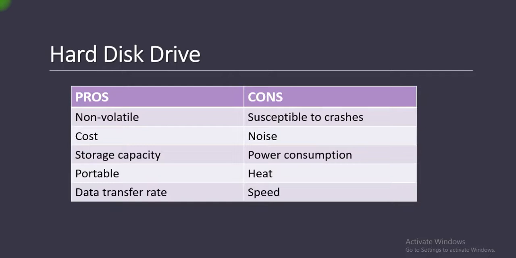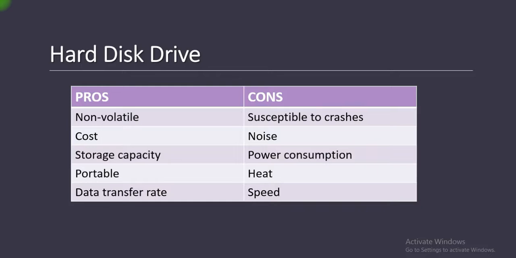Let's look at some pros and cons of the hard disk drive. For one, it is non-volatile, meaning that whatever you store on the hard disk drive will be there in the future. This is particularly important because something like the operating system has to be stored on a device that offers some permanency.